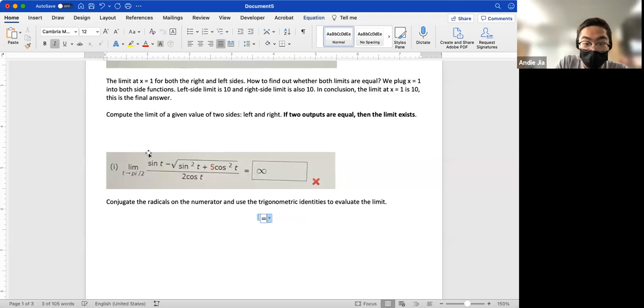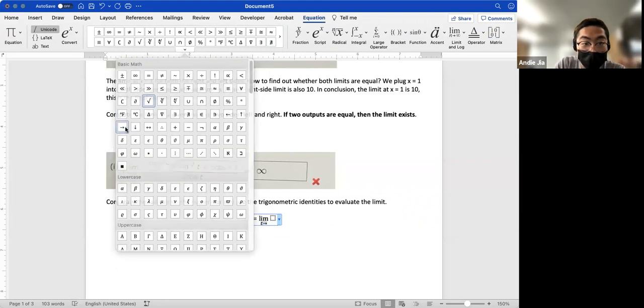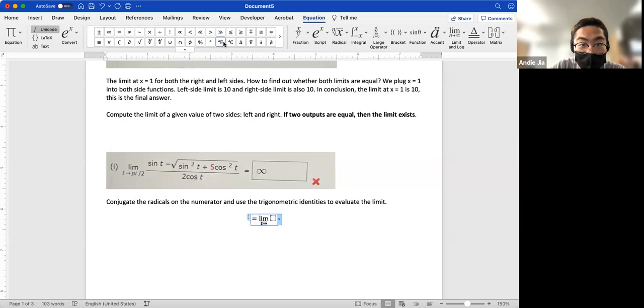Now what we have is the limit as t approaches pi over 2.